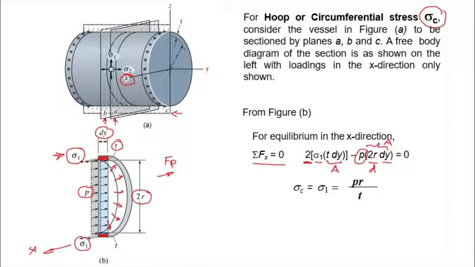And if you simplify, we will have sigma c equal to sigma 1 equal to Pr over t. P is the internal pressure, r is the radius, and t is the thickness of the wall. Or in certain textbooks, they will use d, so it's Pd over 2t. So it's just changing d with r.